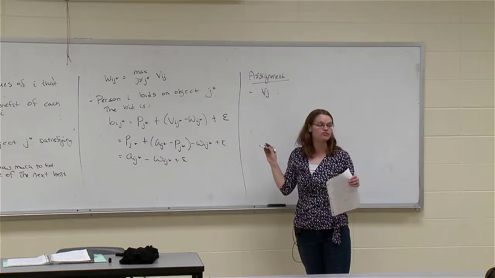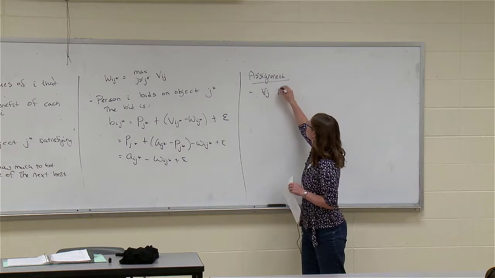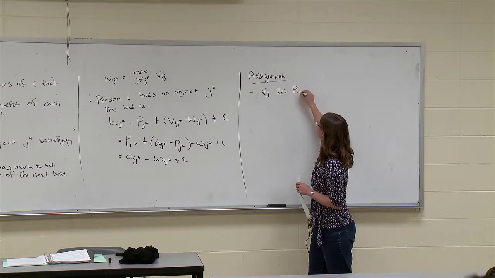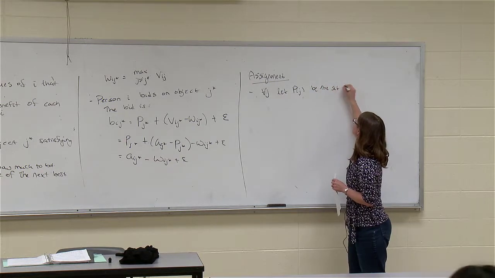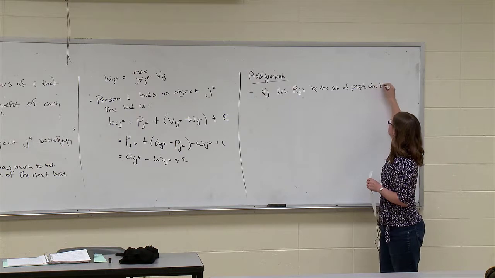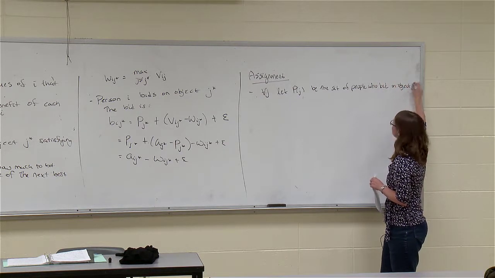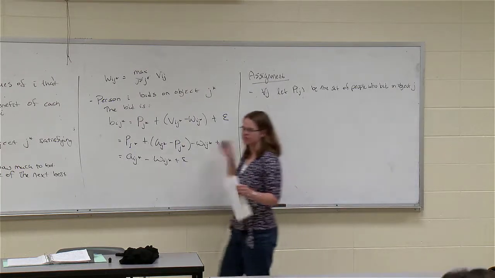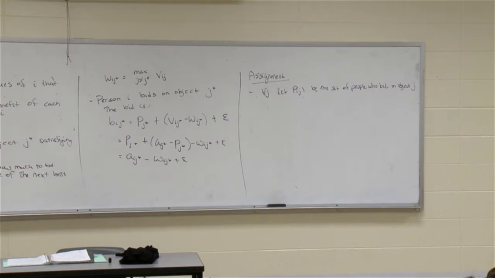So an object may have received no bids. It may have received lots of bids. We don't know. But let's let P of j be the set of people who just bid on object j in this last round. It could be an empty set, single-valued, or multi-valued.